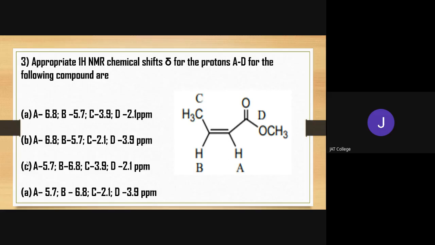Now, out of B and D, we have to see in which option B proton has the greater value as compared to A. So here, when we compare B and D options, in case of option D, which is mistakenly written here as A, B has 6.8 delta value and A has 5.7. Then what will be our correct answer?